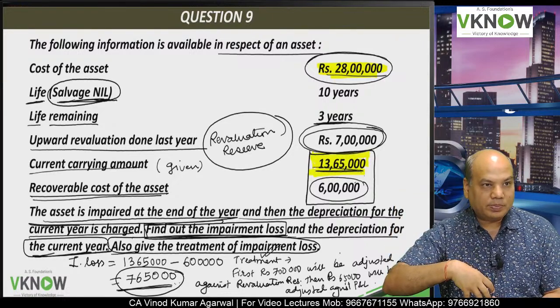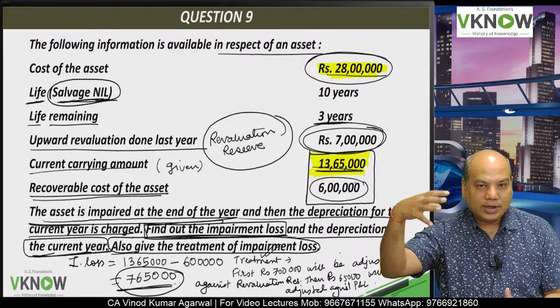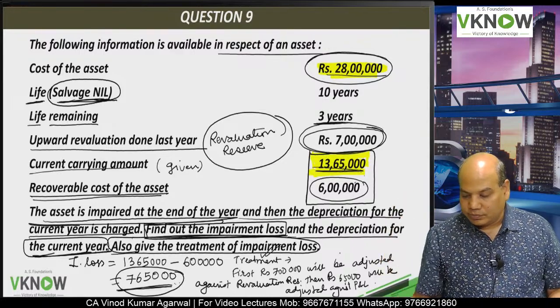Now the same asset is impaired, so first you debit revaluation reserve.